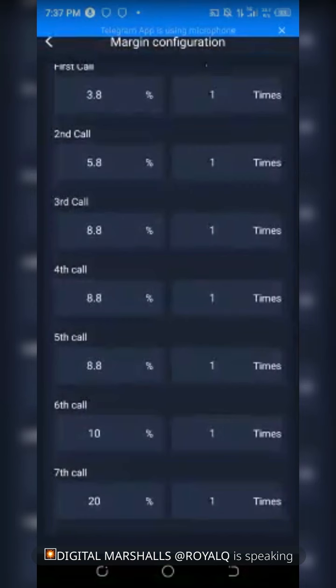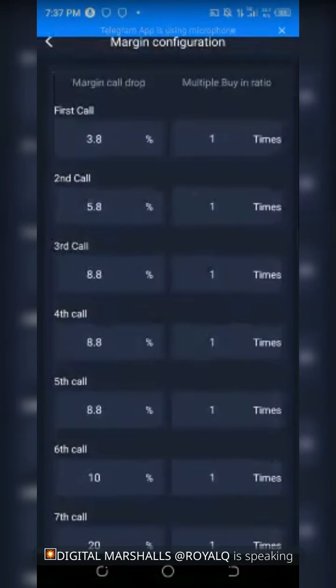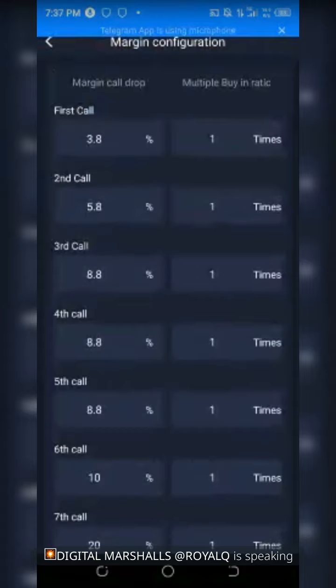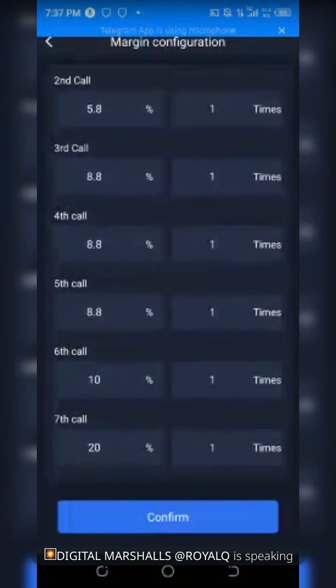Are you getting me? So what you do is add all these: 3.8 plus 5.8 plus 8.8 plus 8.8 plus 8.8 plus 10% plus 20%. You are sure that you will still be in the market and enjoy. Are you getting me? Then what you do next is to click on the confirm button.